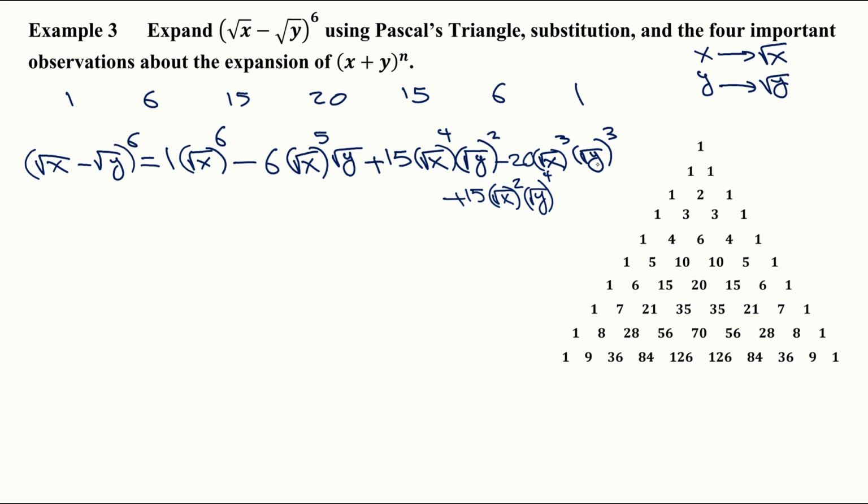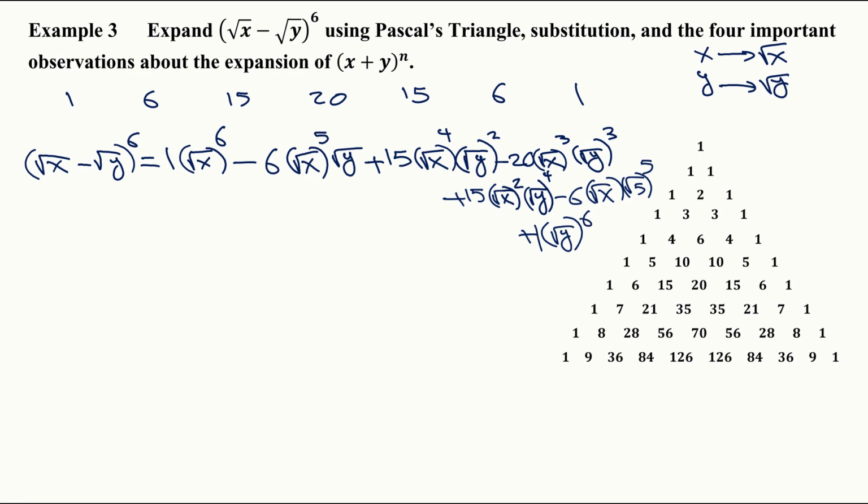And then we have plus, minus 6 times square root of x times square root of y to the power of 5, finally plus square root of y to the power of 6.